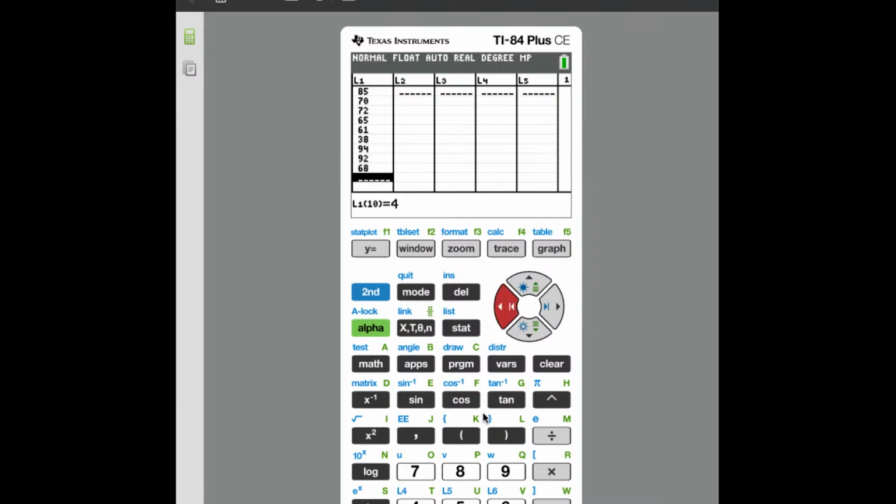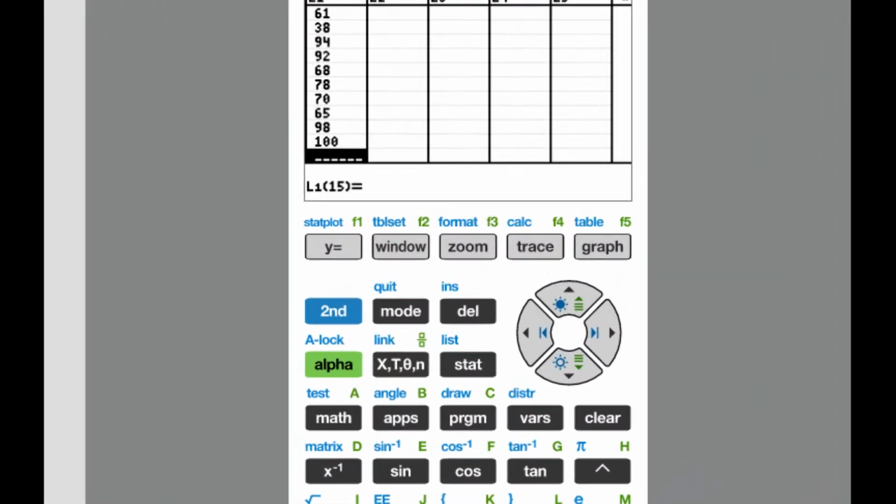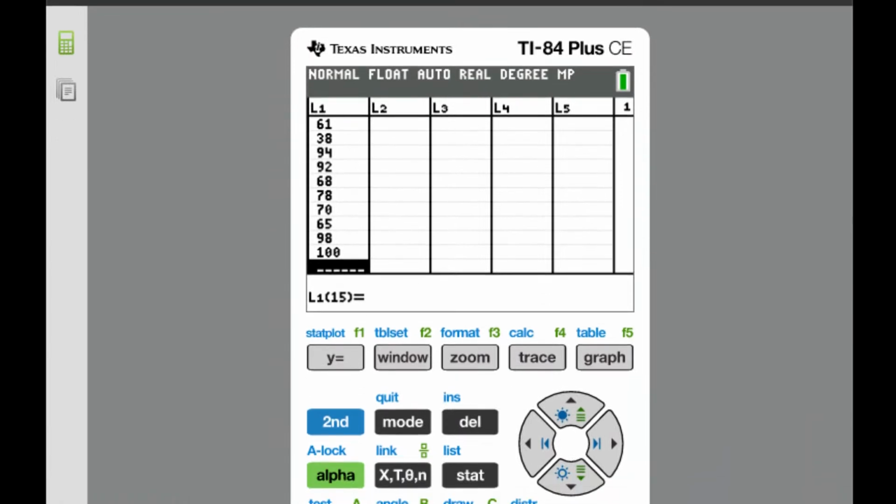Oops, not 4. 78. Is that right? 70, 65, 98, followed by the number what? 100. Okay? So did you guys enter this data by any chance into L1? Okay? You guys with me?